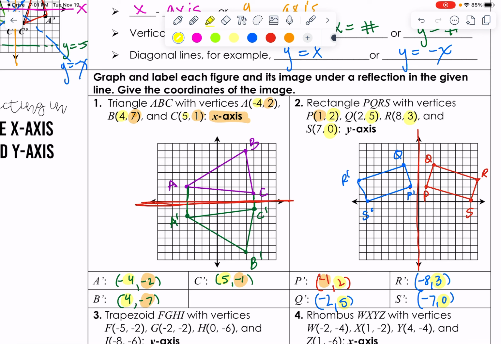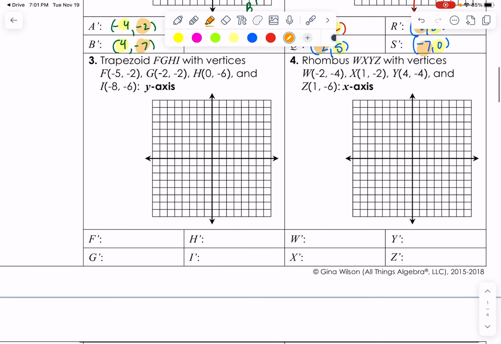Our x's just change signs. So that's how we do x and y. I'm going to give you the opportunity to do the other two and verify. For the y-axis, x has the opposite sign, and for the x-axis, y has the opposite sign.